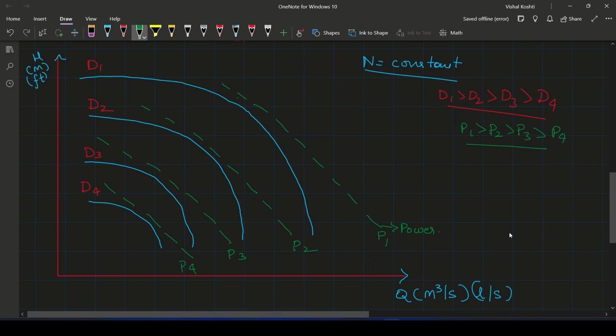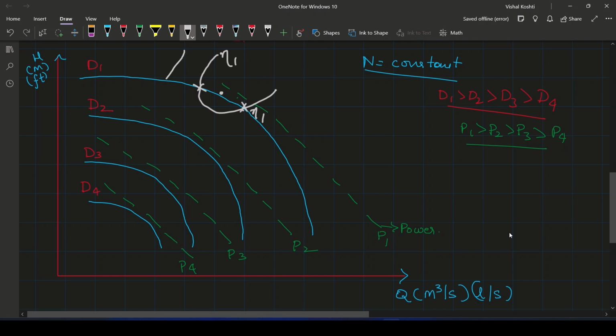This one is also very important. And now we'll be marking the efficiency. This one is efficiency. Say this one is eta 1, and this point will also be eta 1, and this point will also be eta 1. Okay, here we'll be getting the maximum efficiency.